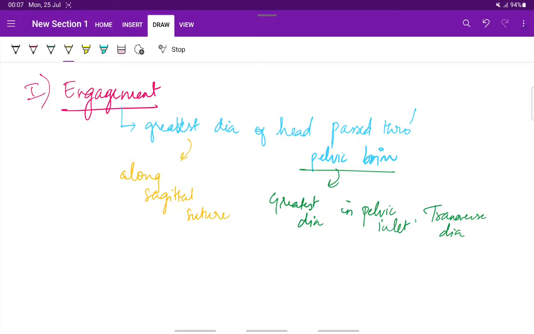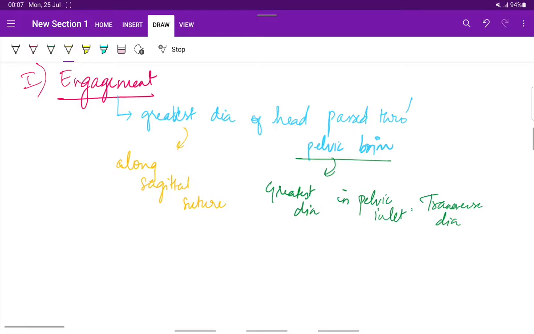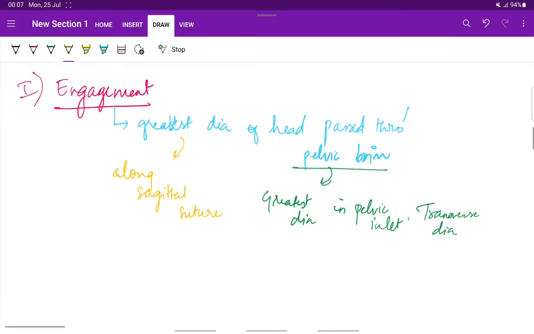So the sagittal suture of the fetal head gets engaged in the transverse diameter of the pelvic brim, that is the greatest diameter. So this is the process of engagement.